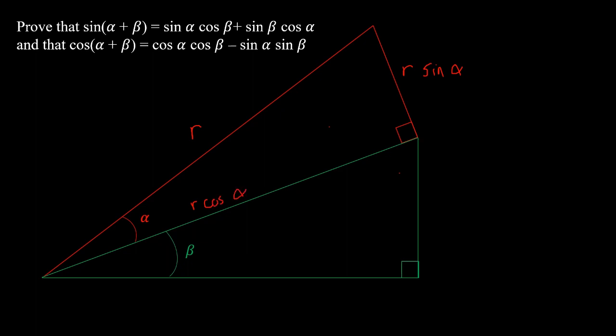Now, since the adjacent side of alpha is actually the hypotenuse of the green triangle, we can figure out the lengths of the legs of the green triangle as well.